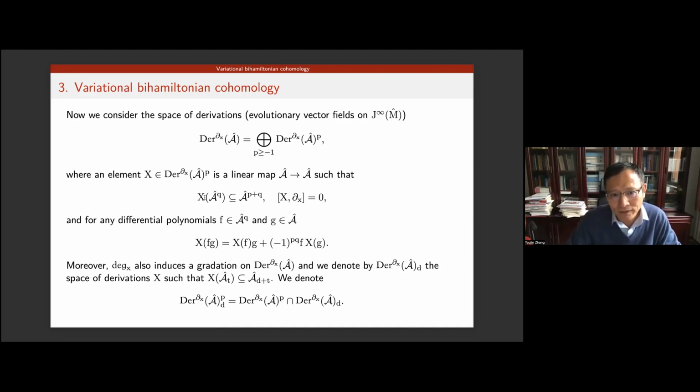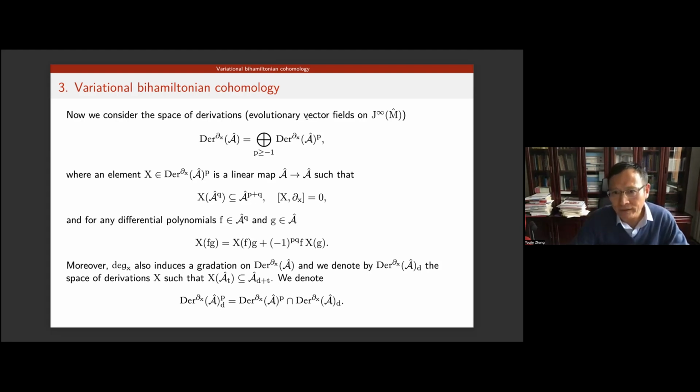Okay? And it acts on some degree. So if X belongs to the super degree P, it acts on a super degree Q differential polynomial to P plus Q.